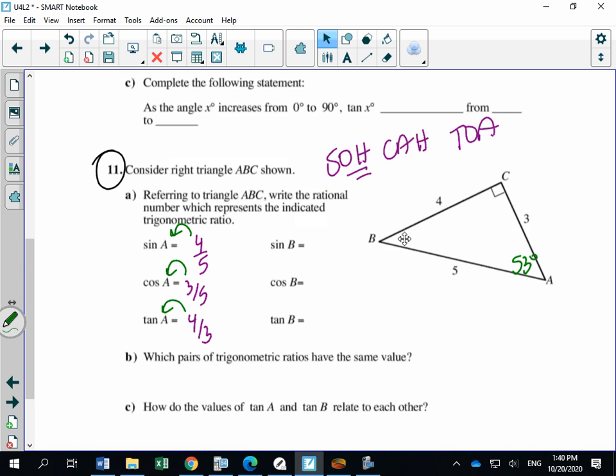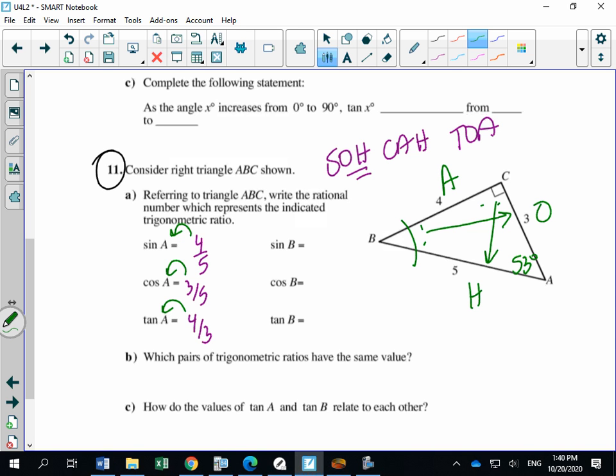The same is going to go for B. When you guys relabel your triangle according to angle B, so here's angle B, opposite, hypotenuse, and adjacent. Sine of angle B is O over H, which would be 3 over 5.